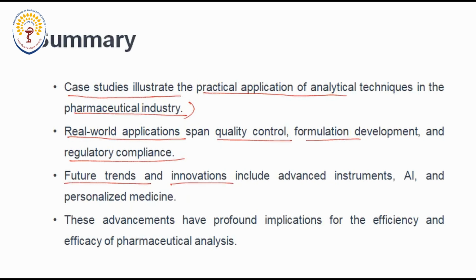There are future innovations that include advanced instruments, AI techniques, and personalized medicines. This is the direction in which we are heading in the future. And obviously these advancements have very profound implications, because they will all improve the efficiency and efficacy of pharmaceutical analysis and obviously of our drug products.